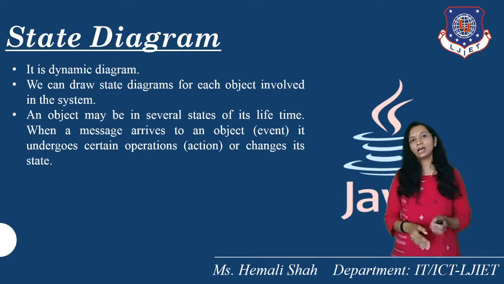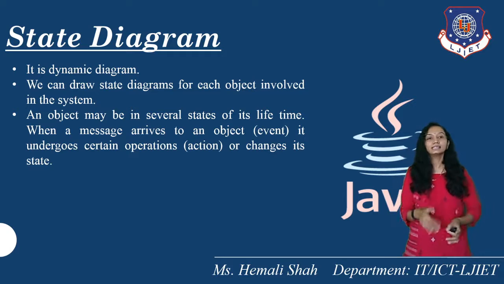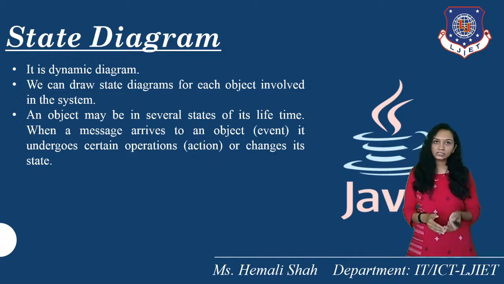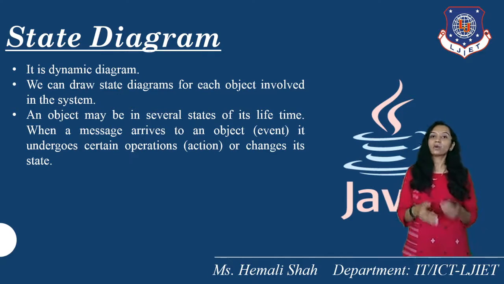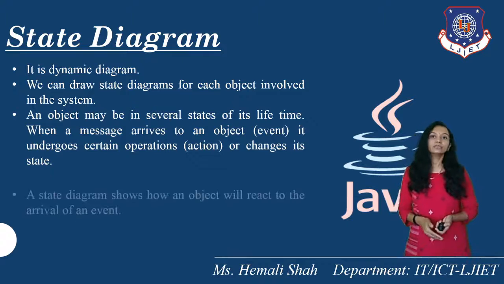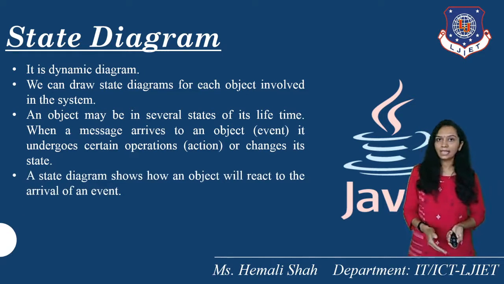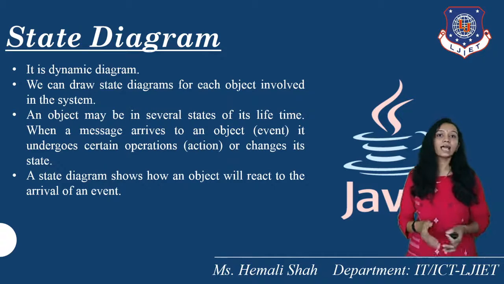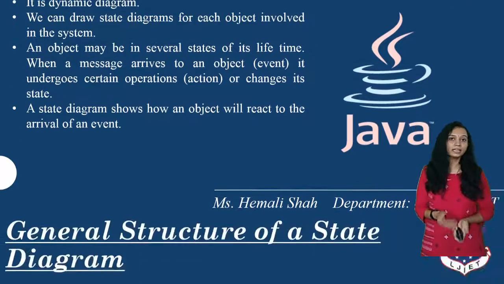When a message arrives on that particular object, it is called an event, and the object undergoes certain operations, or actions, or changes its own state, and you can represent this by using the state diagram. A state diagram shows how the object will react to the flow of events.